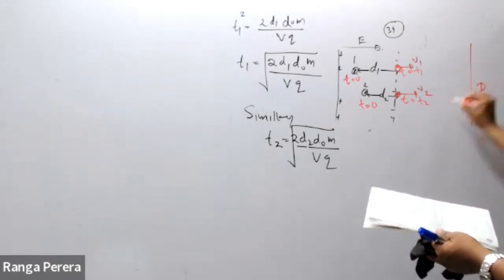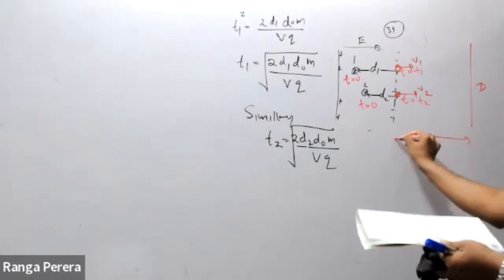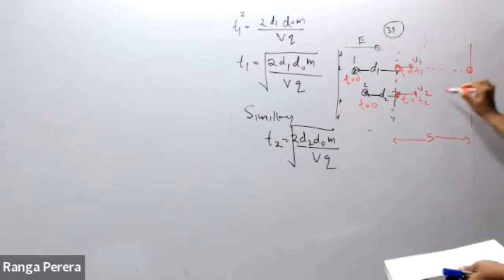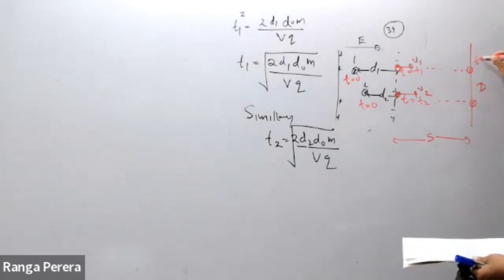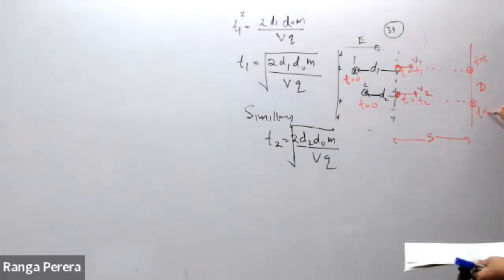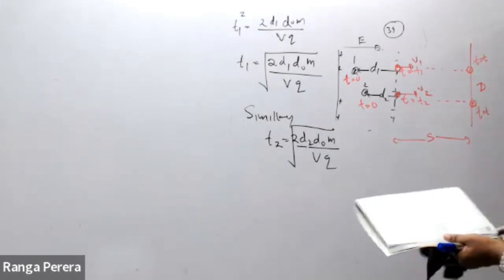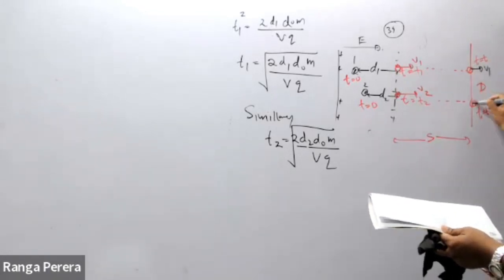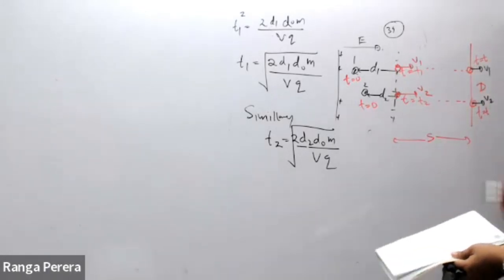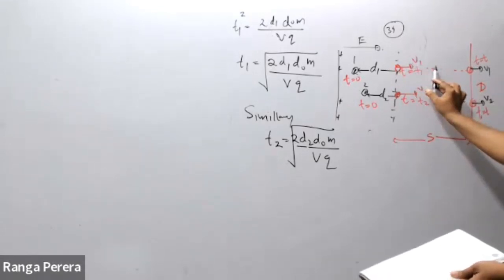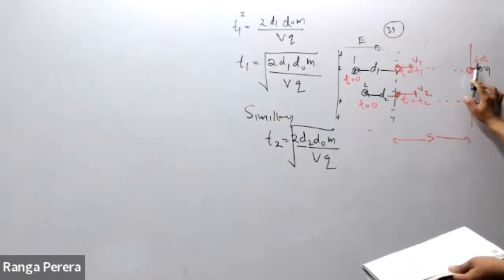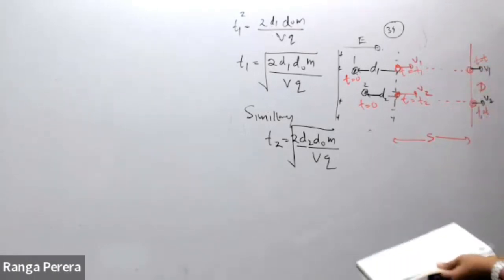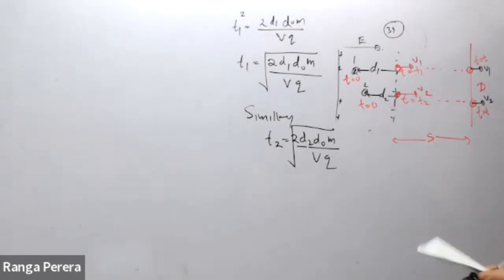It is the detector, and this is the distance S. Both would be detected at the same time. At time t, one comes to this point, and the other comes to that point. The velocity here is v1, and the velocity of that is v2. If the detector is close, maybe one arrives first and the other later. But if we move it farther, both arrive at the same time. That is what it means.